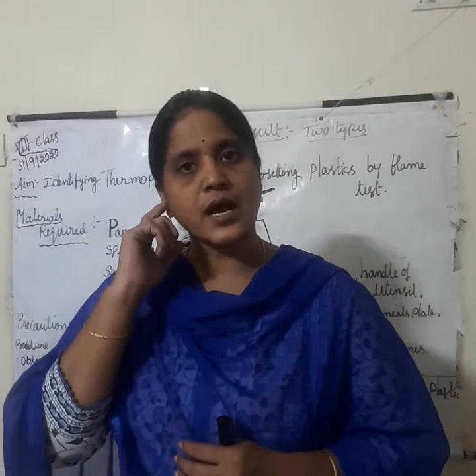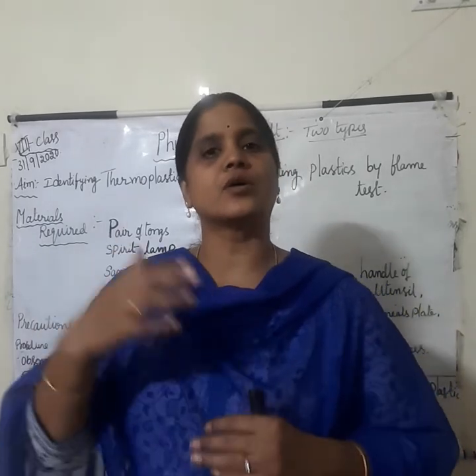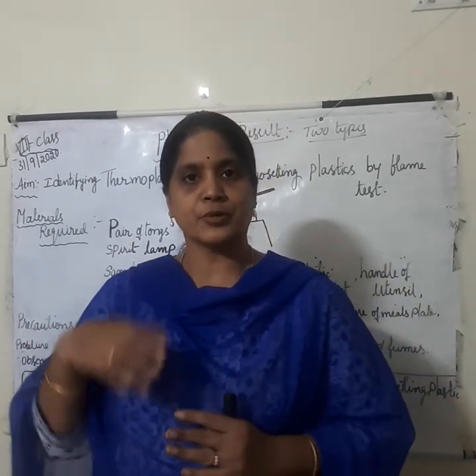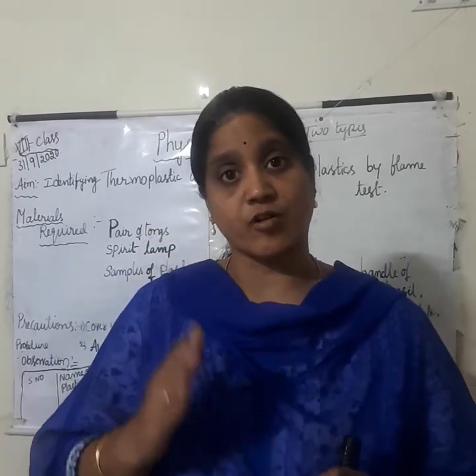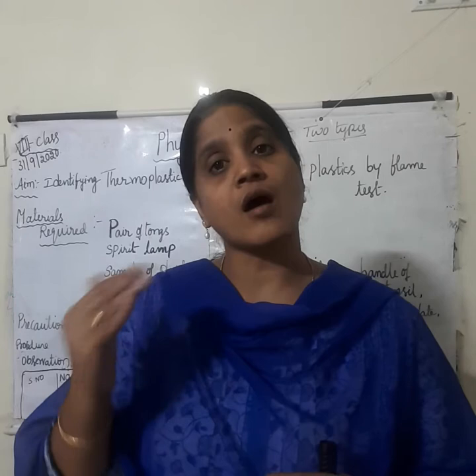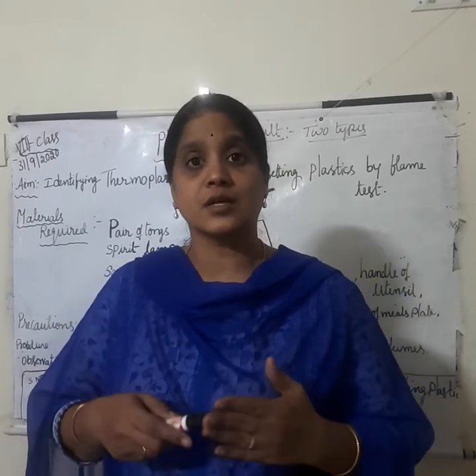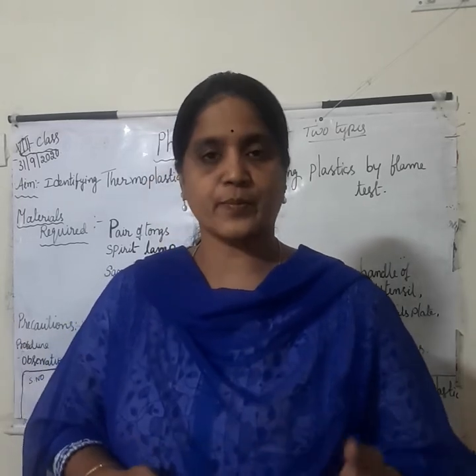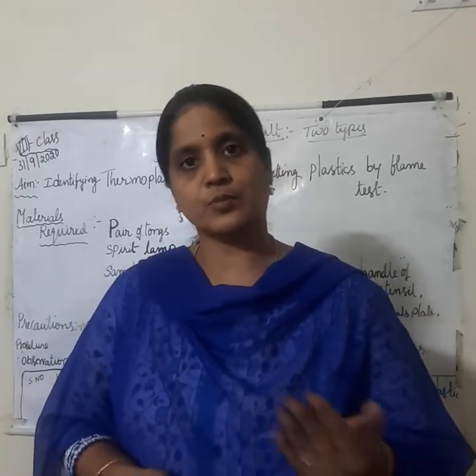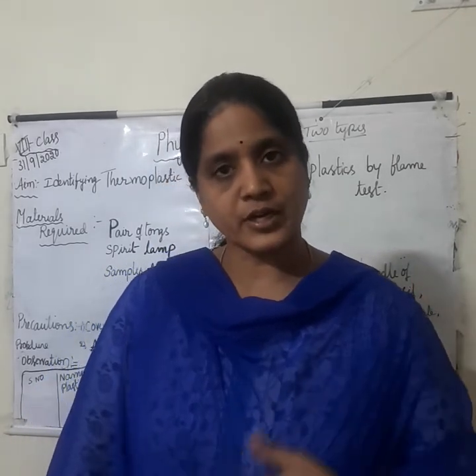From those you take pieces of plastic and burn them. When you burn, you observe whether the plastic material is softened or becoming hard. From that, you can find out whether the given plastic is made up of thermoplastic or thermosetting plastic. So, this is our lab activity 3.